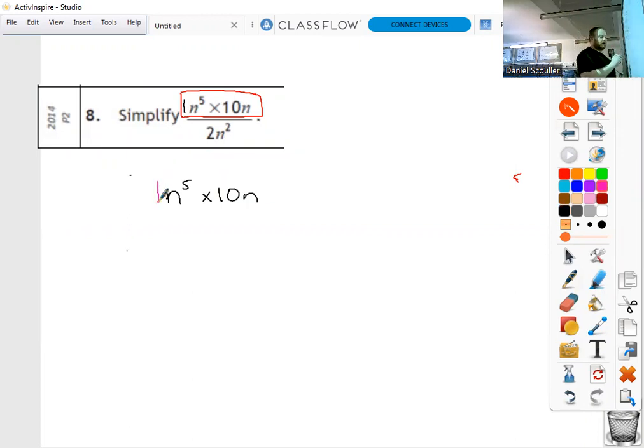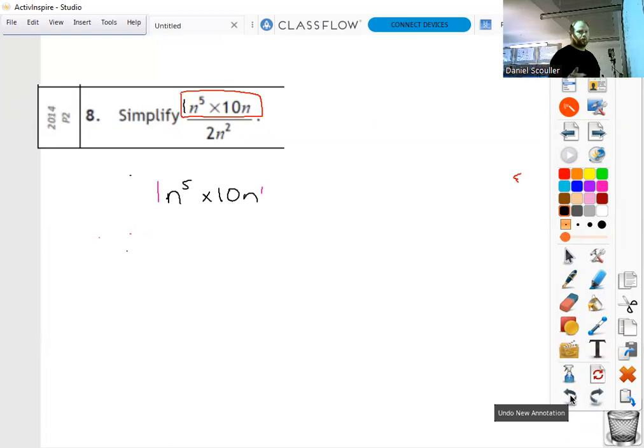In algebra, we don't write that number 1 in front of there. And if there's n, that must be the power of something, so that's power of 1. Remember something to the power of 0 would be written as the number 1. So if it's just the letter, then it must be to the power of 1.